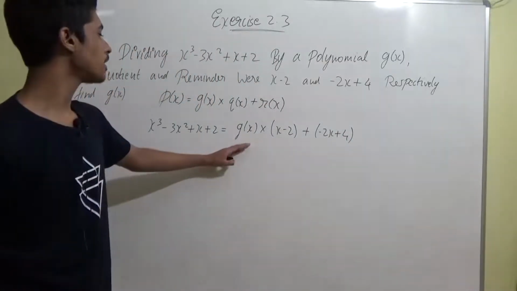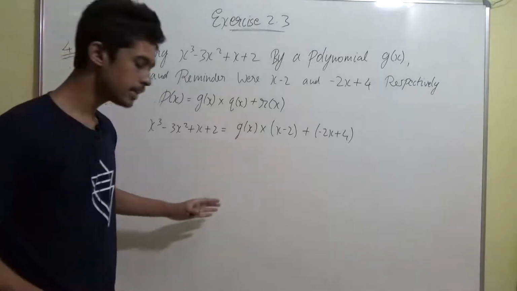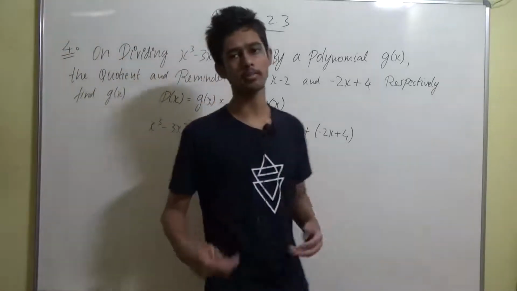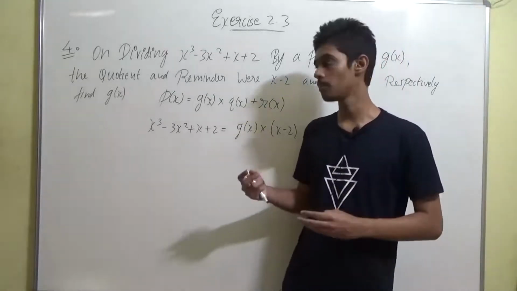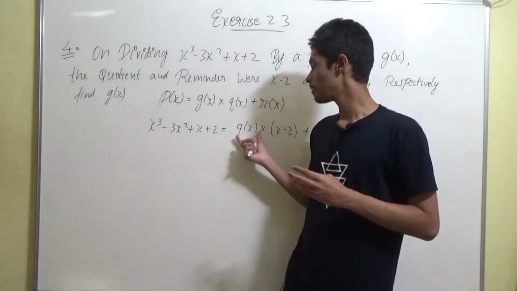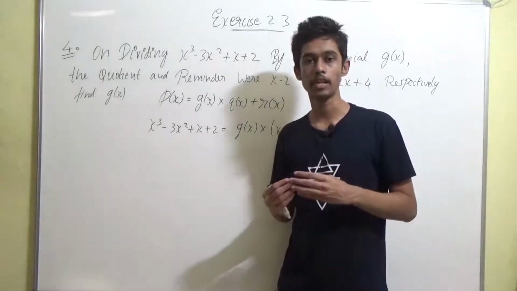Now if we want to find g of x, this is like solving a linear equation, guys. This has become a linear equation because g of x is like a variable, like for example in algebra you used to consider a variable, right?